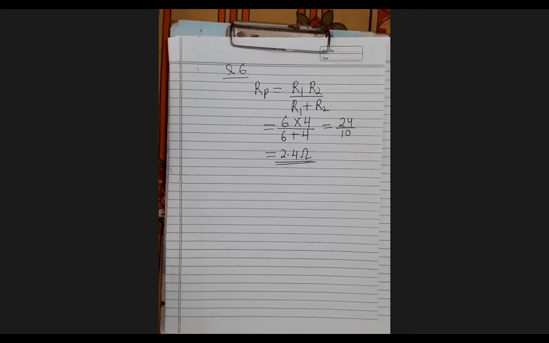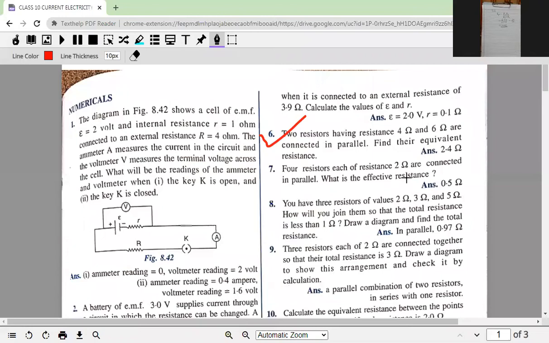Now see the next question. 4 resistors each of 2 ohm are connected in parallel. What is the equivalent resistance? Now these are identical because each is 2 ohm. So which formula will you use?